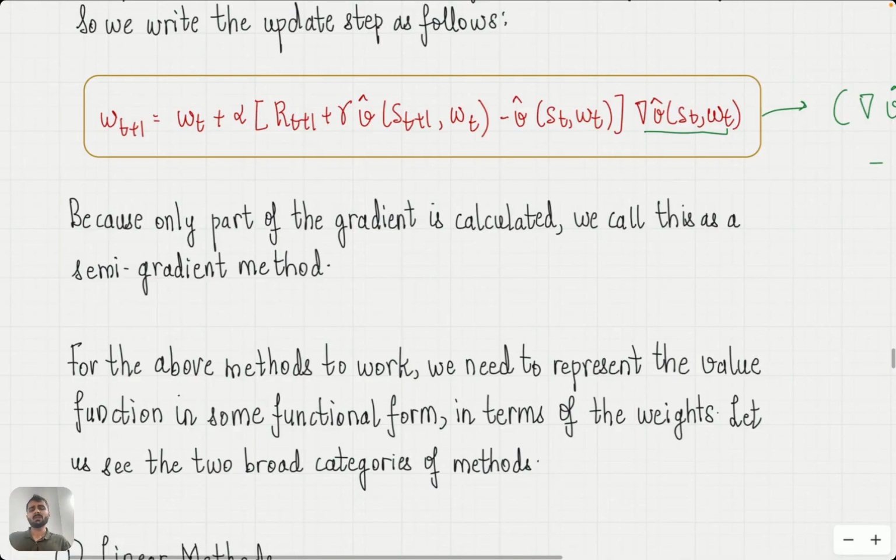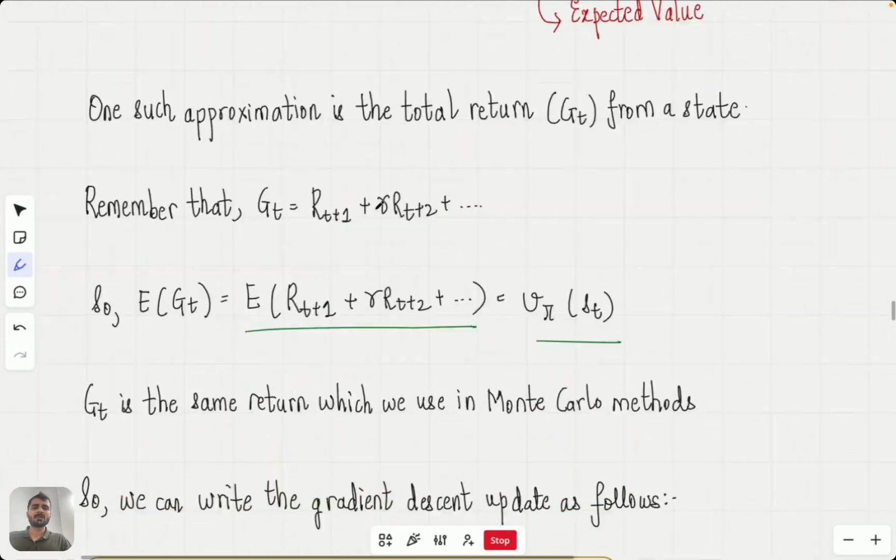Gradient descent gives you the steepest direction for any given weight parameter, such that if you go in that direction, the objective function changes by the maximum amount, which is exactly what we want. So we used the gradient descent technique and we wrote down an update rule. Now, the issue with that update rule was that it depends on the true value function.